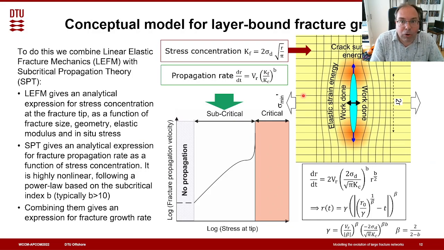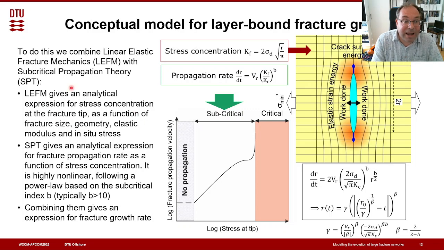So in order to model the growth of the fractures, we combine linear elastic fracture mechanics theory with subcritical fracture propagation theory. Now, these are both well-established theories that have been confirmed by many observations and laboratory studies.